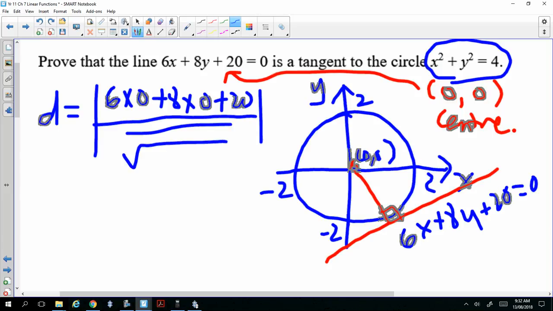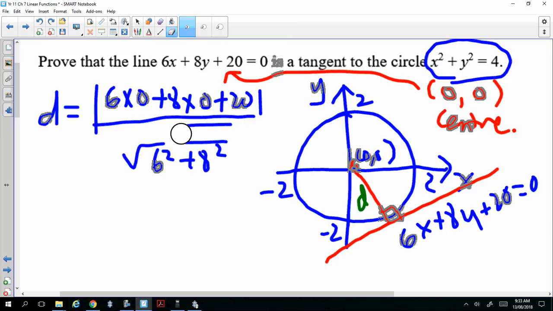Alright, use your calculator. This is the line, right? That's the distance we'll try to calculate. Oh, oops, sorry. I'll write it again. 6 squared plus 8 squared.